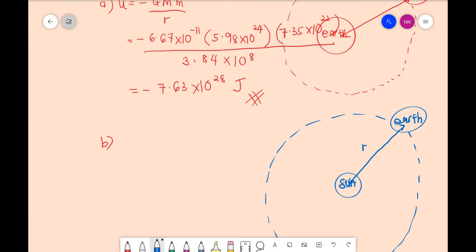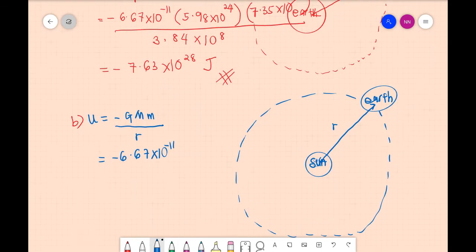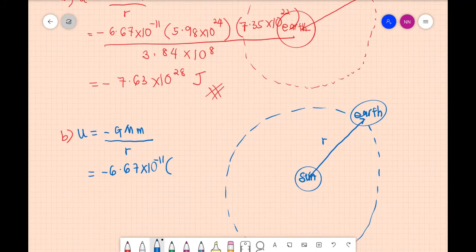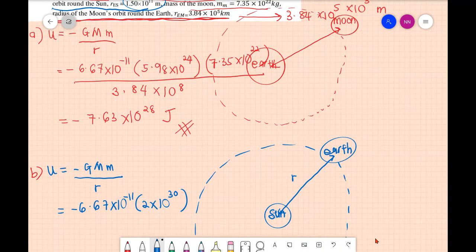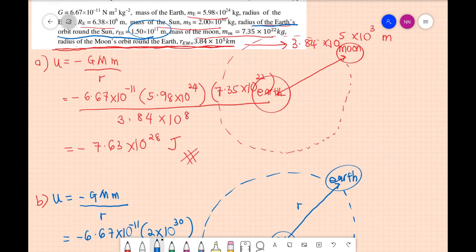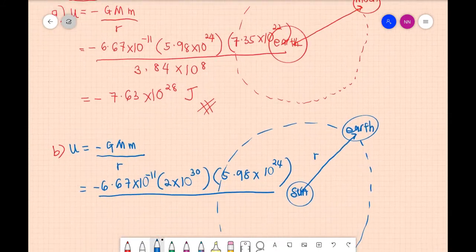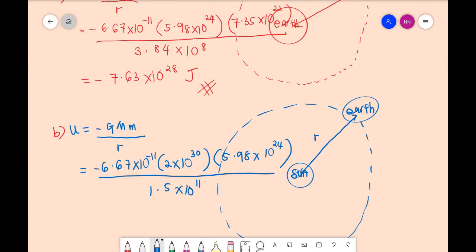Again, we can use the formula U equals negative GMm over R. So substitute G, and then M, the mass of the Sun, 2 times 10 to the power of 30 kilograms, and then the mass of Earth, 5.98 times 10 to the power of 24, divided by the distance between them, 1.5 times 10 to the power of 11 meters.